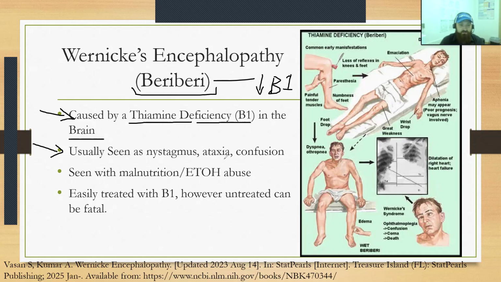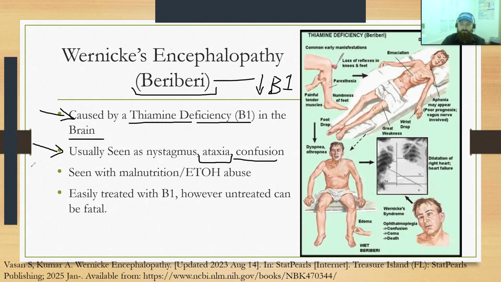Now, if you're wondering what those words mean, I will say this. Usually it ties in with mental, cognitive, physical effects. But if you ever read a medical document and they say something like ataxic gait, it's usually a sign that that's not a very good thing. Confusion being another one.